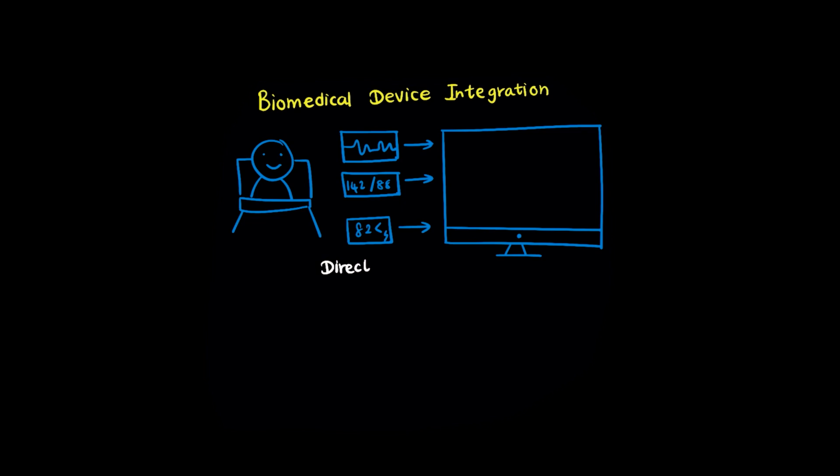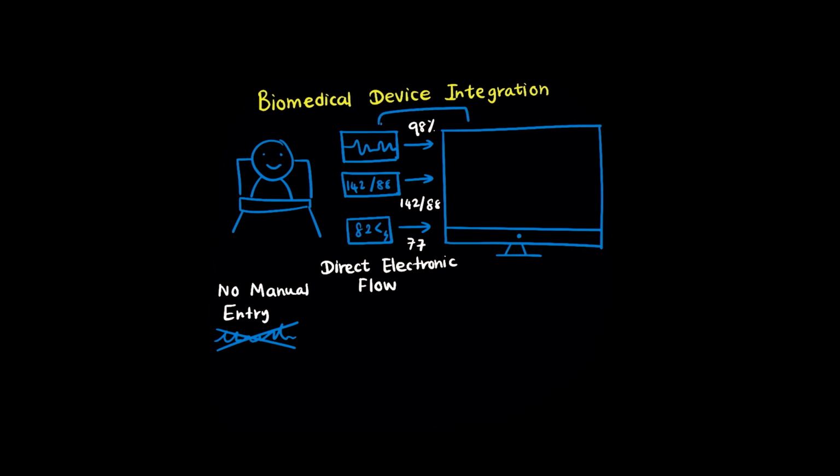That's a nice benefit. It doesn't just prevent transcription mistakes, although errors do decrease. It's not primarily about workflow efficiency, even though nurses save time. The core feature, the game-changing capability, is that biomedical device integration electronically captures data directly from the monitoring equipment.